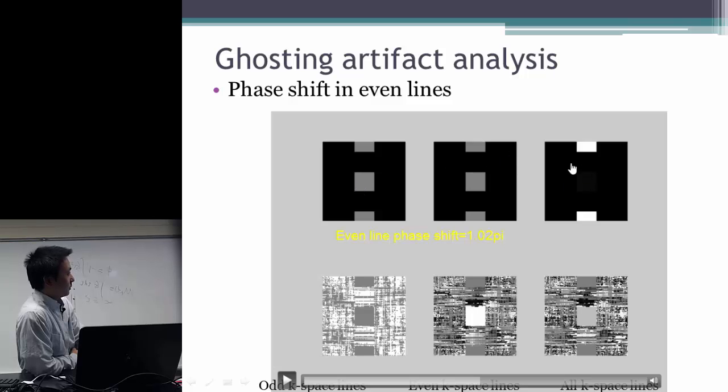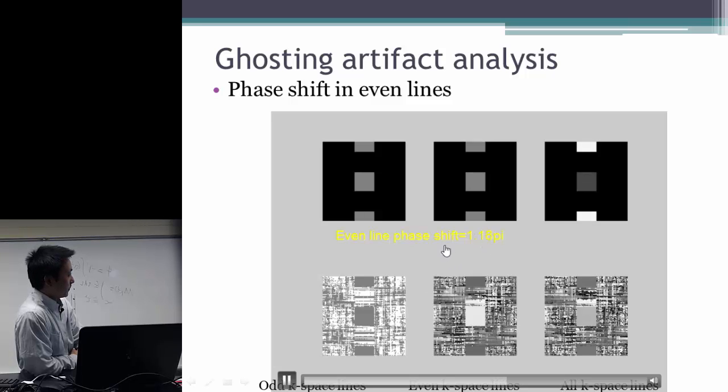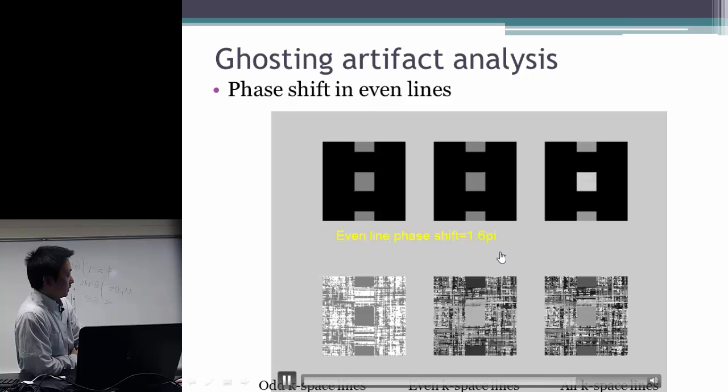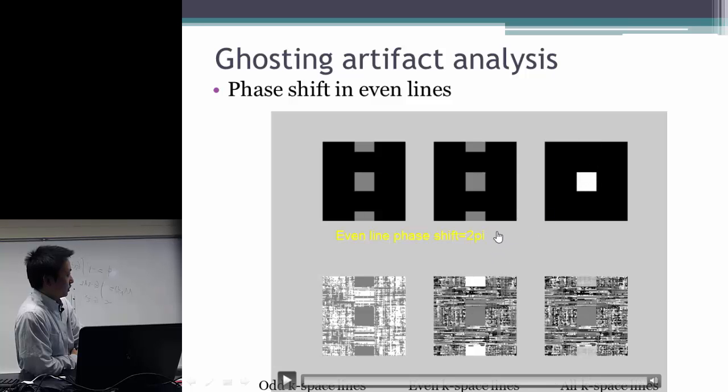So that means the original object will basically cancel out, while the aliased objects will be constructively added together. And then it goes on, and when it reaches 2 pi, it will be the same as before.